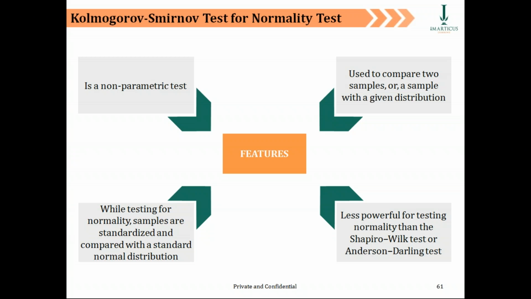So now you must have realized that the KS test is different from the previous two tests. In the previous two tests, we know that your data follows a certain distribution, that means your data is parametric. The KS test is used when your data is non-parametric.